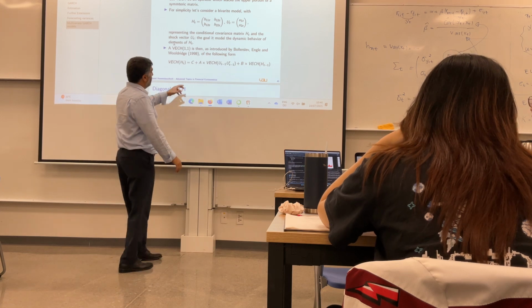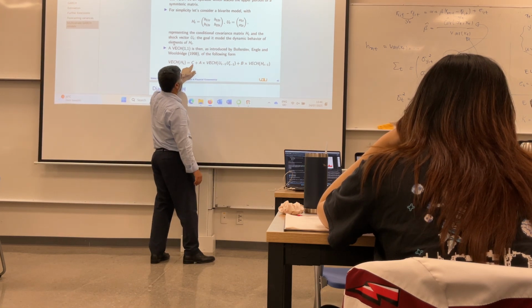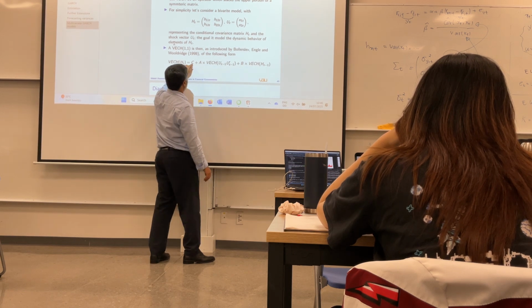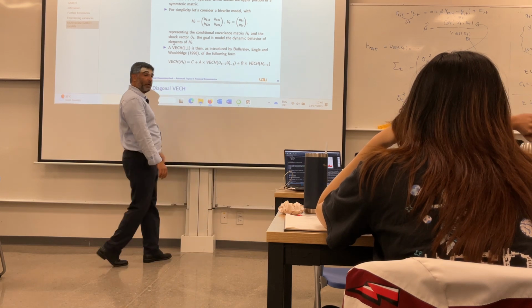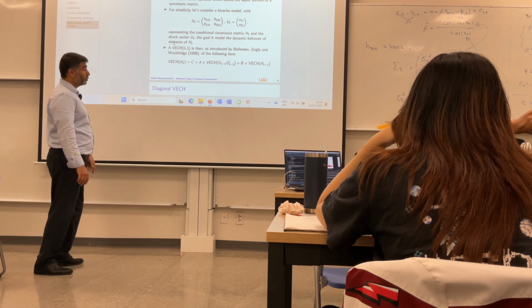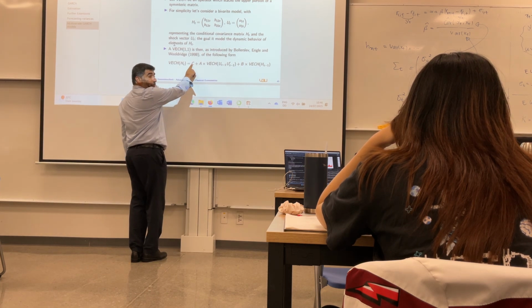Now we have these coefficient matrices. Before we had alpha 0, alpha 1, beta 1. Now it becomes C, A, and B, and A and B are matrices of size 3 by 3, while C is a vector of 3 by 1.